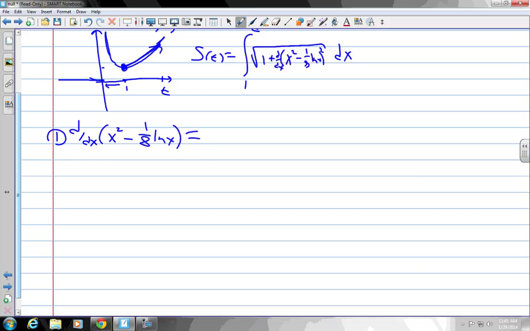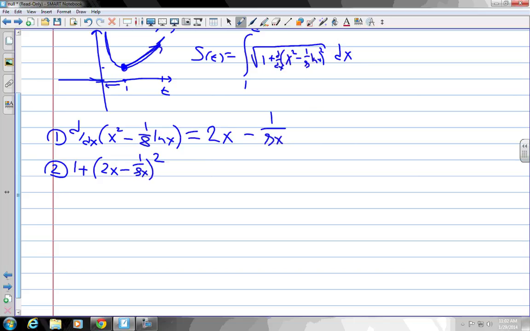What is that? That's simple, right? It's 2x minus 1 over 8x. Is that okay if I write it like that? That's just the derivative. Then I want to do 1 plus that derivative squared. Again, remember from what we discussed on Monday, I want to make it a perfect square.